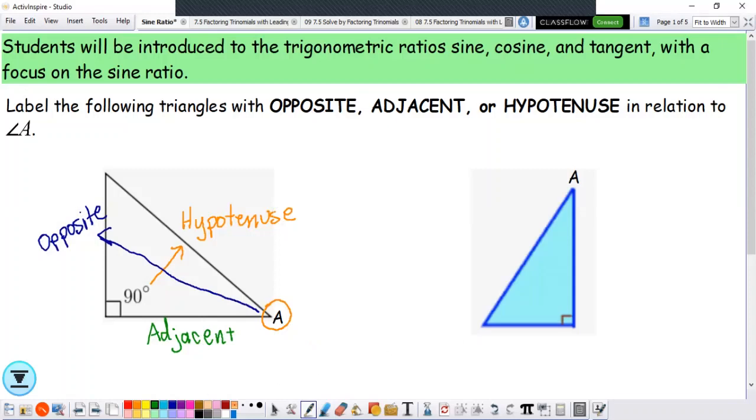Let's take a look at the other triangle here. Again, we have angle A is an acute angle. We have a right angle marked with the square in the corner. So across from that will always be your hypotenuse.